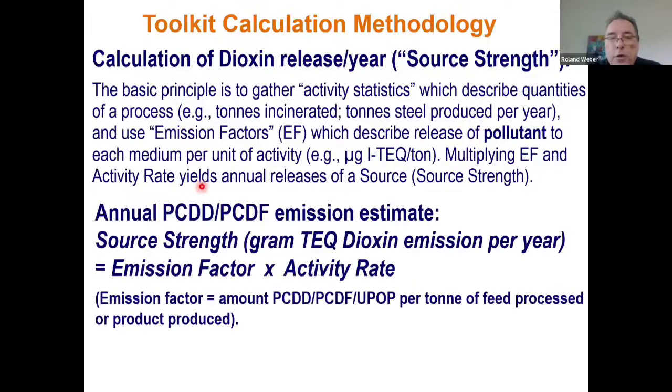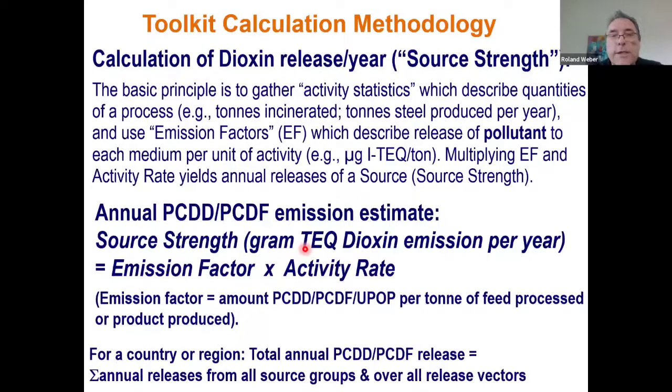And then you would look at the emission factor in the toolkit, and by multiplication of your activity rate, this means how many tons of waste you have incinerated maybe last year, and the emission factor from the toolkit, you can calculate the total amount of grams of dioxins from a certain source. And this you would do for the individual sources.